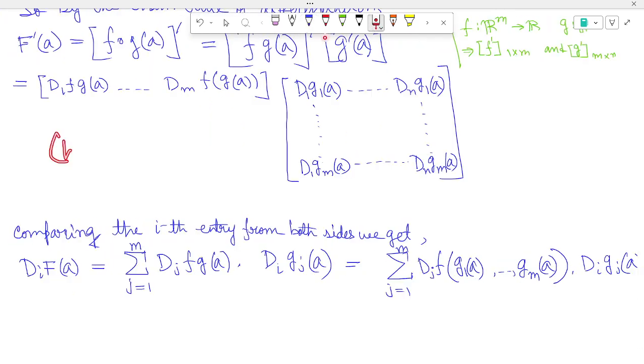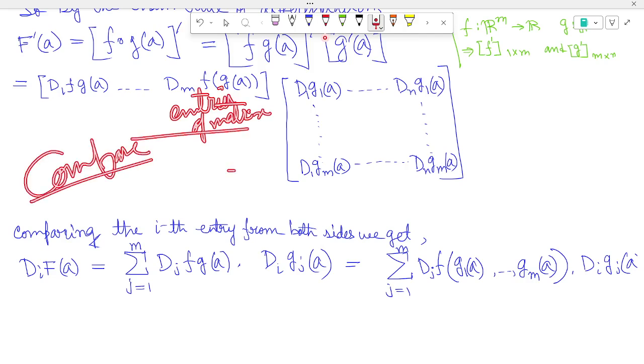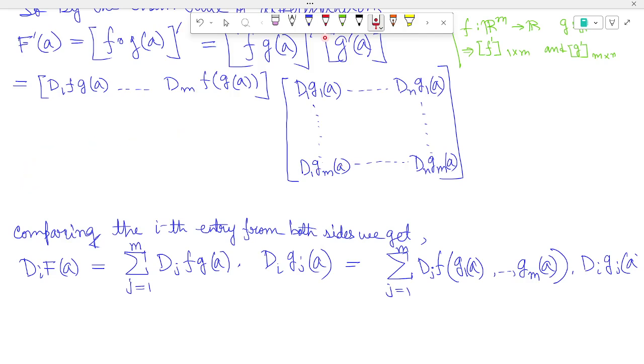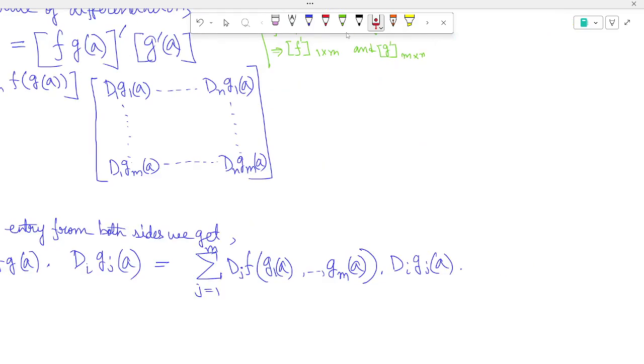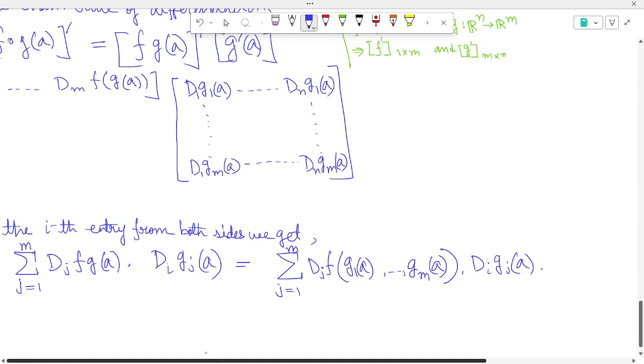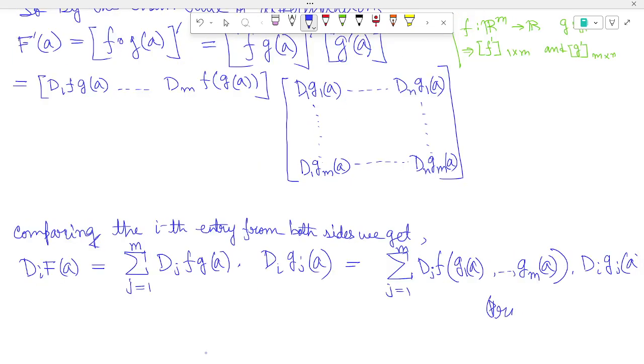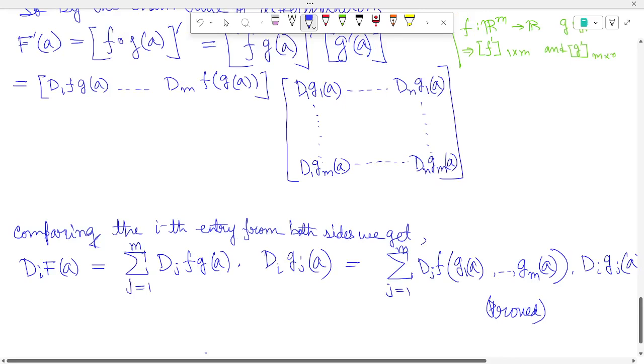First apply the chain rule, then compare the entries of the matrix. Nothing but this. So this is what we needed to prove here. That is proved. So I want to conclude my class here now. Thank you.